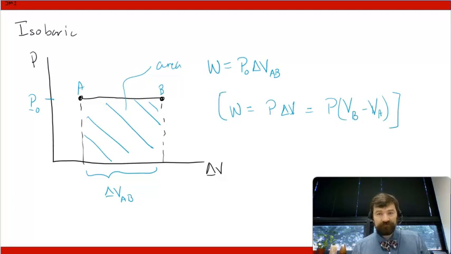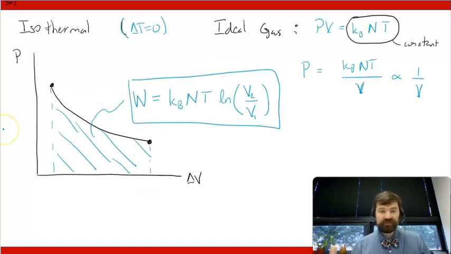So this one is linear because we had a constant pressure throughout. This one is nonlinear because the pressure depends upon the volume, and so when we go to find the area, we end up with this natural log of this ratio. And again, you can always just plot the thing and count boxes. If you're working on graph paper, it'll come out very close to this result. So this is a credible result in approximation.